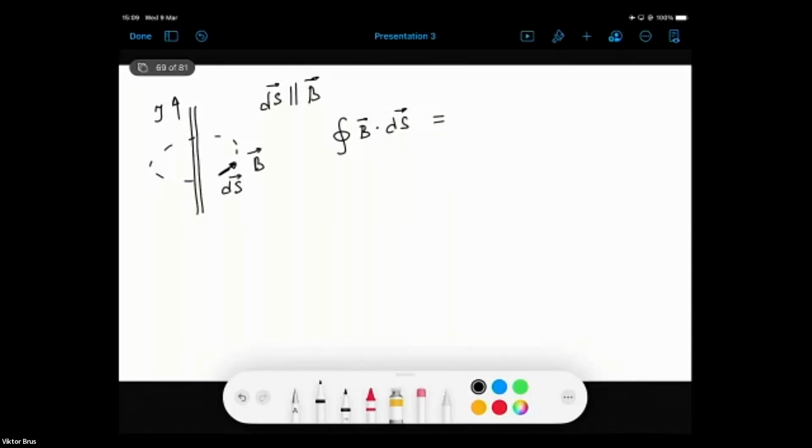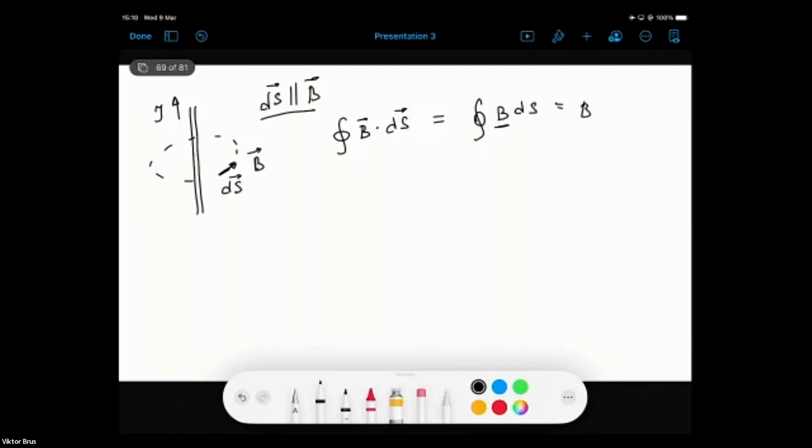And also, of course, we take into account that these vectors are parallel. That's why instead of vectors in this dot product, we can consider just the product of their magnitudes. So that will be the integral along this path, just magnitude of magnetic field times ds. And this magnitude of magnetic field, according to this circular symmetry, is constant, so we can take it out from the integral.